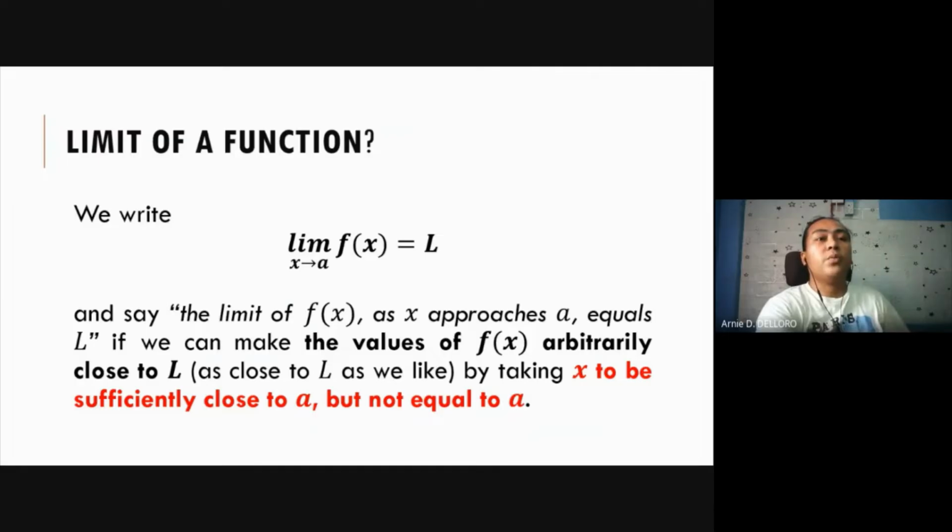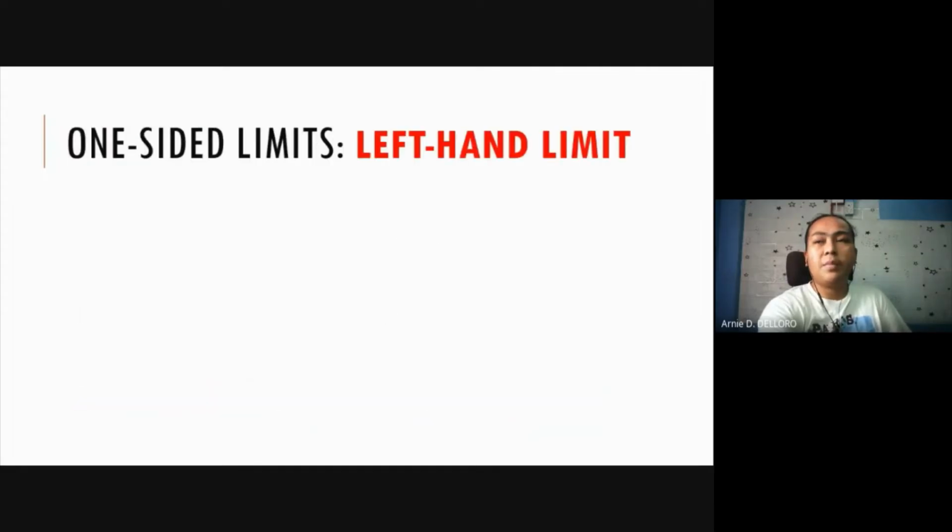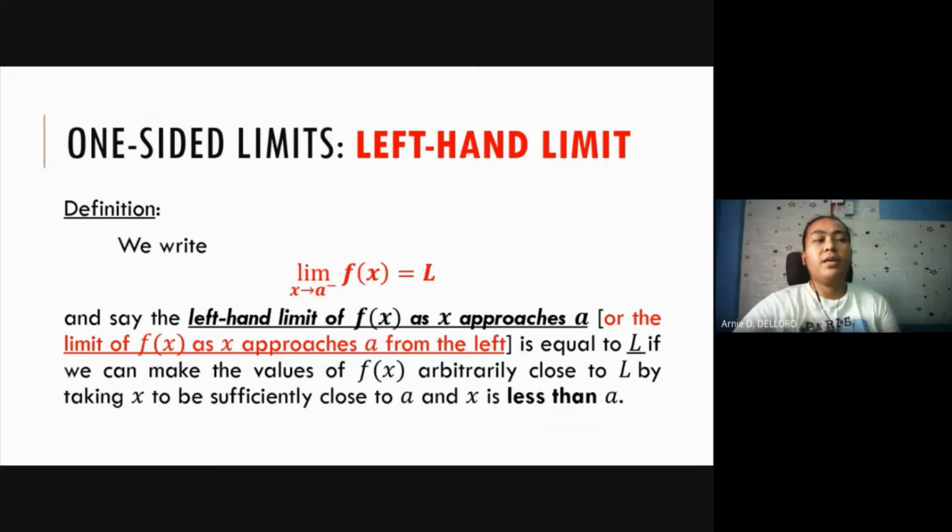Okay po. So we have one-sided limits: the left hand and the right hand. For the left hand limit, we write the limit of f of x as x approaches a from the left, kasi negative yung superscript nung a natin.